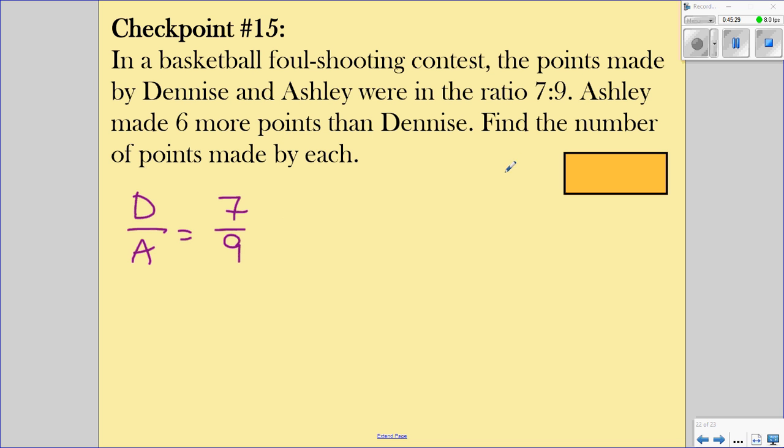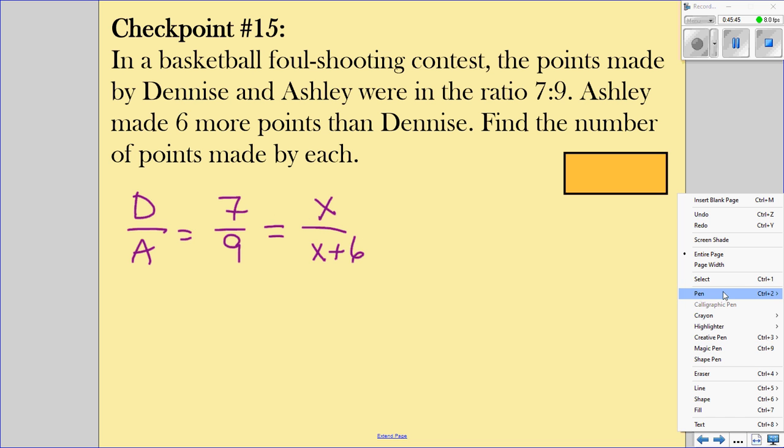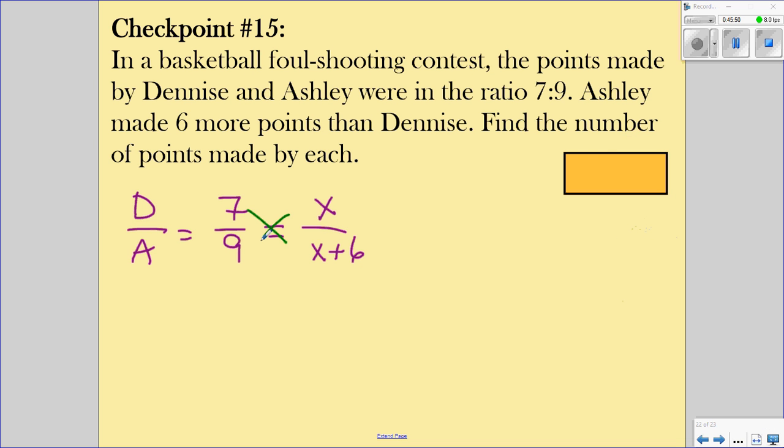And then I'm going to put that equal, Ashley made 6 more points than Denise. We don't know how many points Denise had, so it's x, and Ashley is 6 more, which is plus. Now you're going to cross multiply.